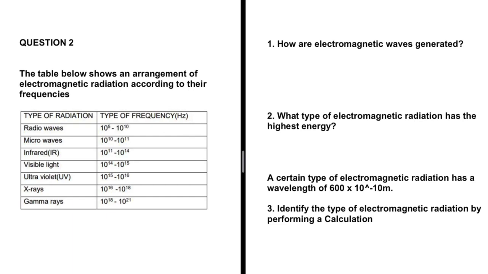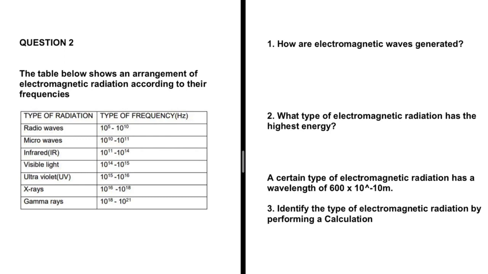Well, we've talked about this before. They are generated by accelerating electric charges. If you accelerate electric charges, you generate electromagnetic waves. So that is the answer to the first question.